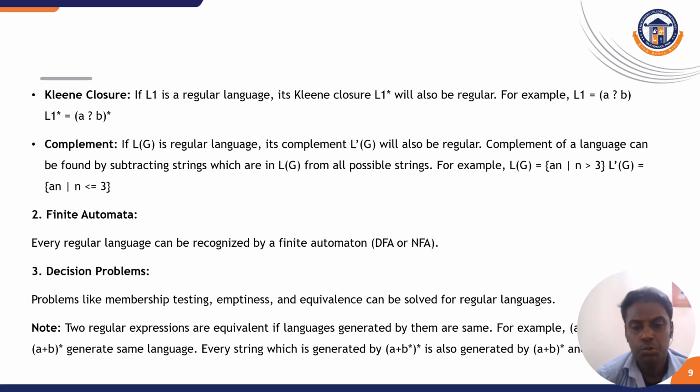Note: two regular expressions are equivalent if the languages generated by them are equivalent. For example, (a+b)* generates the same language. Every string generated by (a+b)* is also generated by (a+b)*.